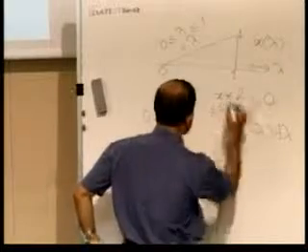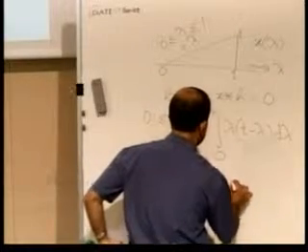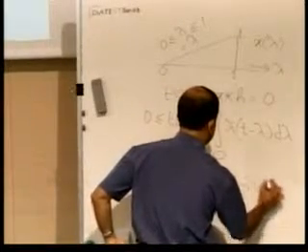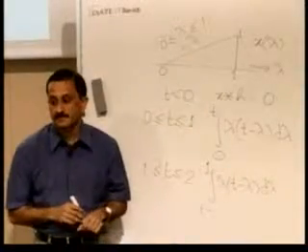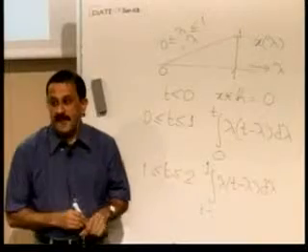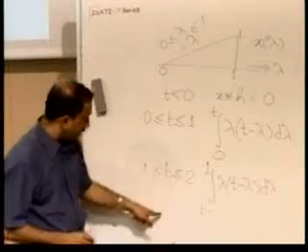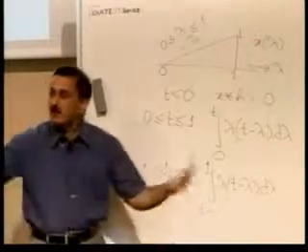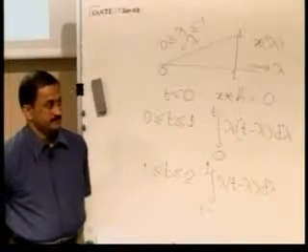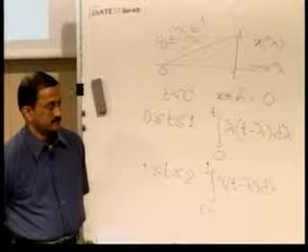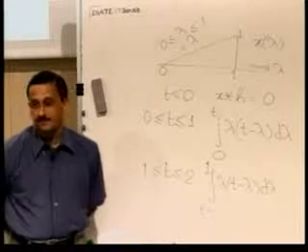But the expression is the same, lambda into t minus lambda. And finally, when t becomes greater than 2, then of course there is no overlap, and therefore the output is 0.